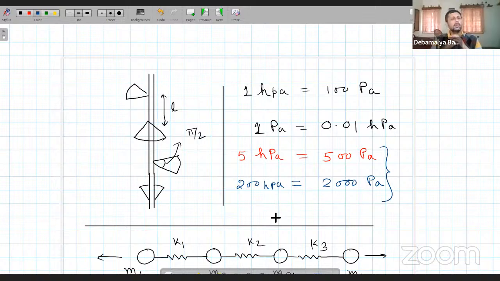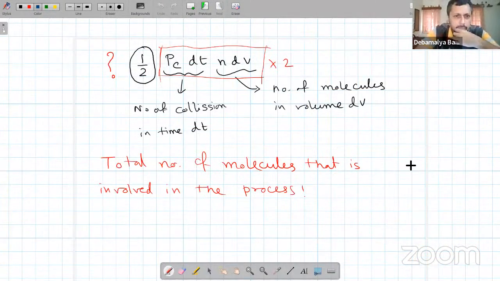Do I make sense? Just a minute. It gives us the total number of collisions and not the total number of colliding molecules. Then why? So one collision has to have two particles. Let me go back to this expression once again. Collision in time dt, right?